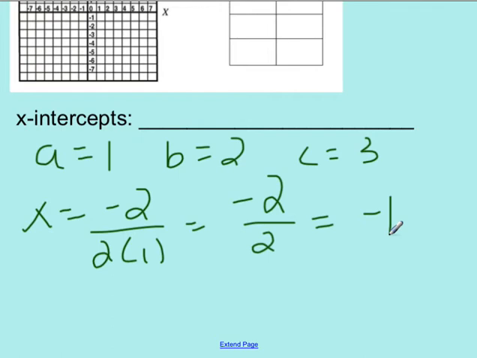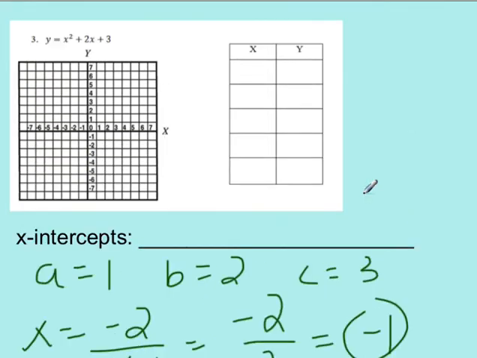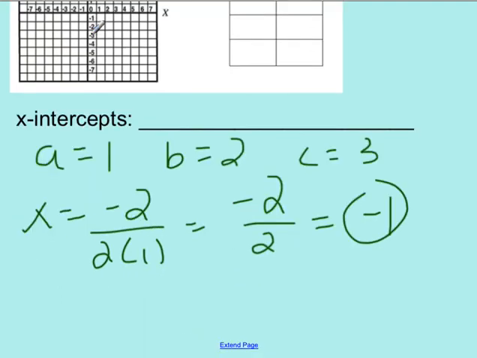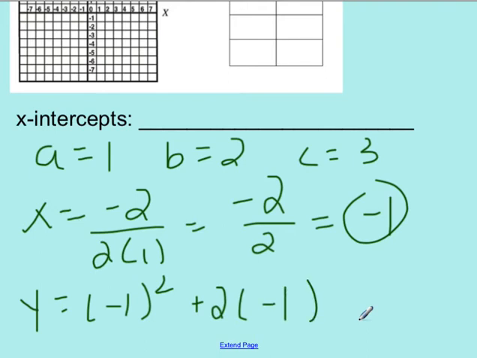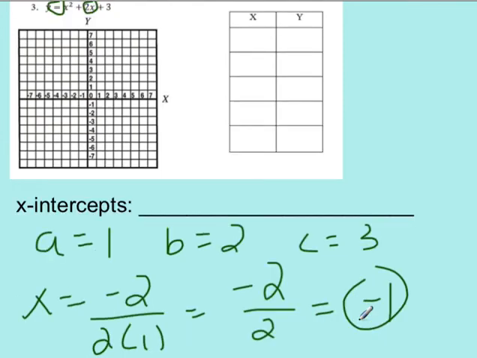Now we're going to take this -1 and plug it in wherever we see an x up there. So y is equal to -1 squared. Again, those parentheses are really important. Plus 2 times -1 plus 3. We plug in all of those values, and when you plug in -1 for x like that, you get 2. So our vertex in the middle there is -1, 2.